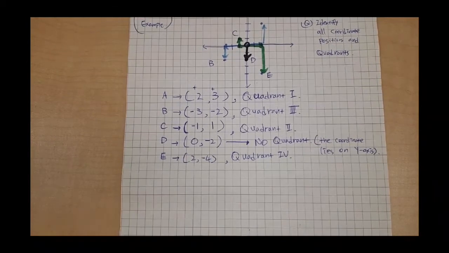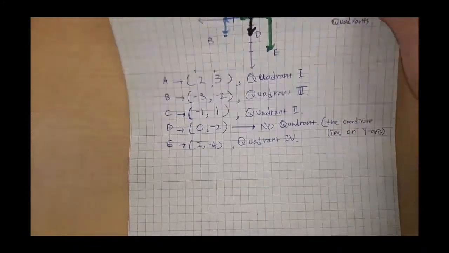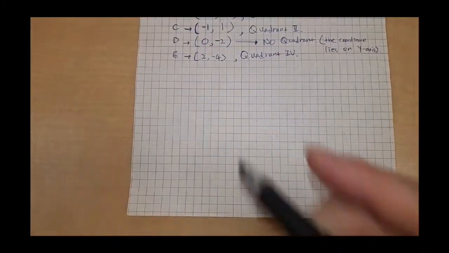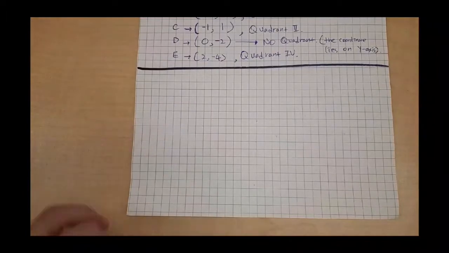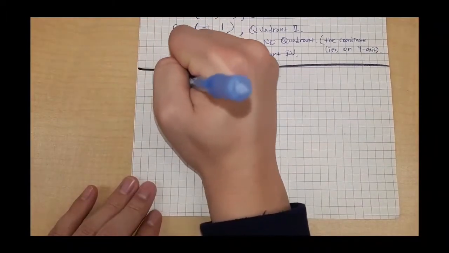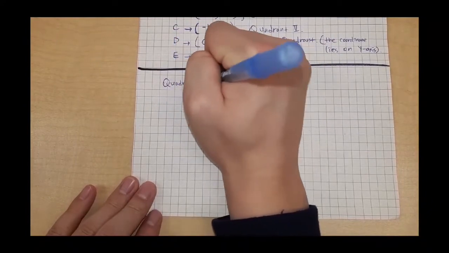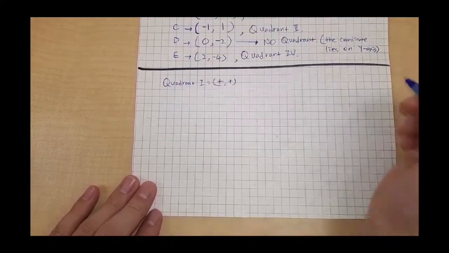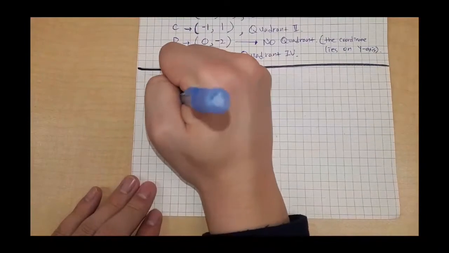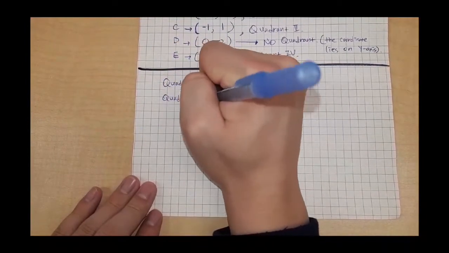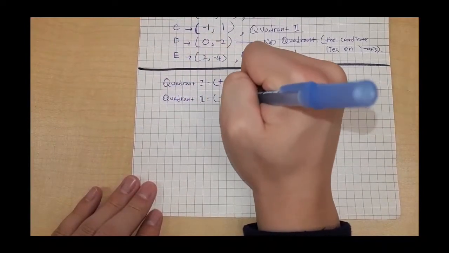Now, when it comes to an advanced type of question, at this point, you don't even need to draw any coordinate. You know that quadrant 1 is positive and positive. Quadrant 2, that's negative and positive.